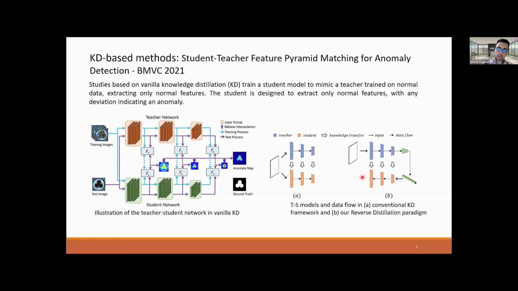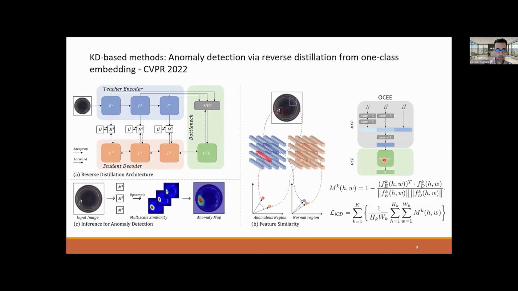One interesting thing, if you look at this network and compare it to the autoencoder, is that if you pull the student to the right position, you can see this is very similar to our autoencoder.